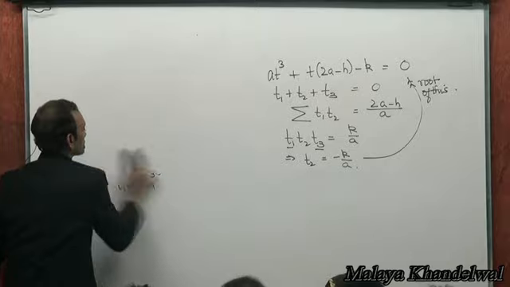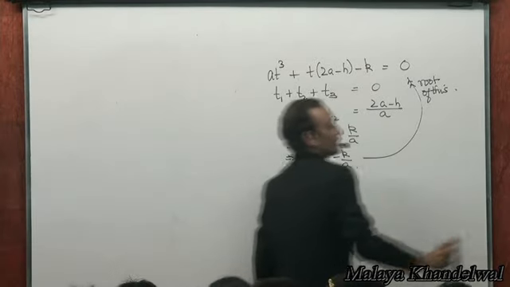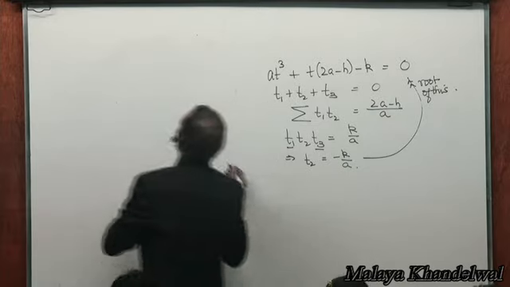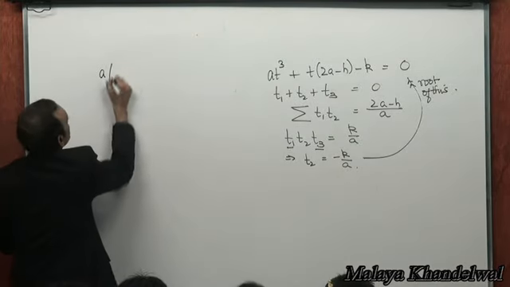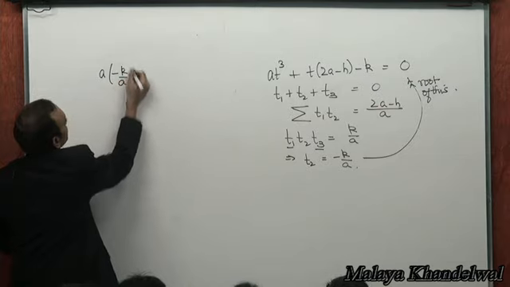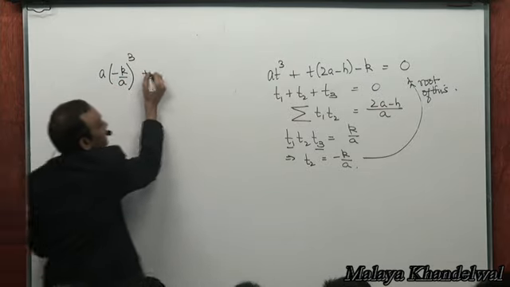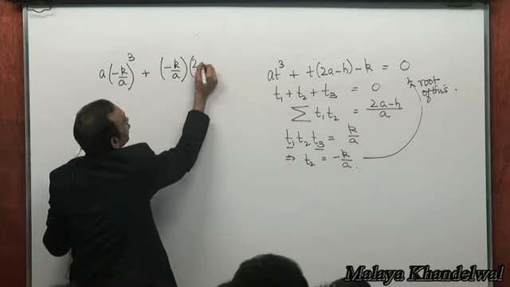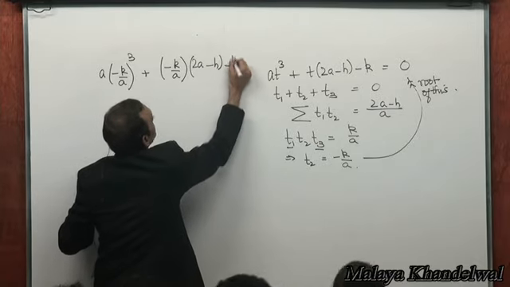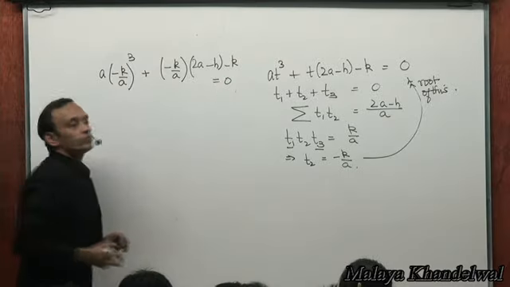Which means if T2 satisfies this condition, then A into T2 cubed, T2 cubed meaning (minus K by A) whole cubed, plus T2, which is minus K by A, into (2A minus H) minus K equal to 0 must be true.